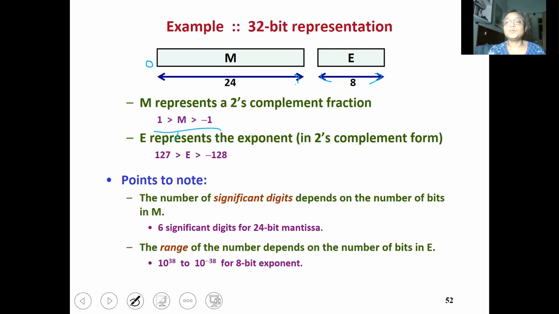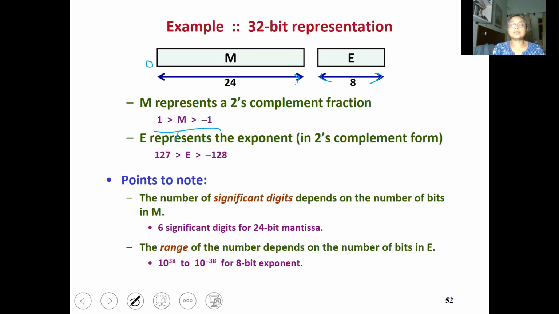So m is between +1 and -1. So m can actually represent 0.111... with all ones, which is close to 1. And E is also represented in 2's complement form. Since we have 8 bits, E will represent numbers from +127 to -128.